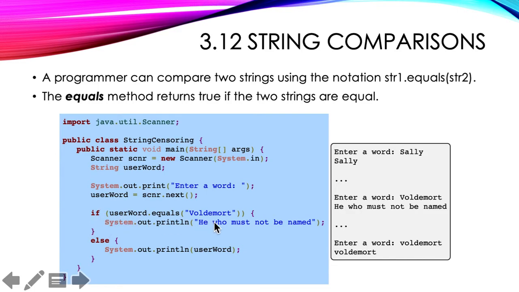They will check. So there's no Sally to compare, and it will print out the same thing, Sally. If you enter Voldemort, there is Voldemort, it will compare the string word, and if it's equal, then the output will be he who must not be named, Voldemort.